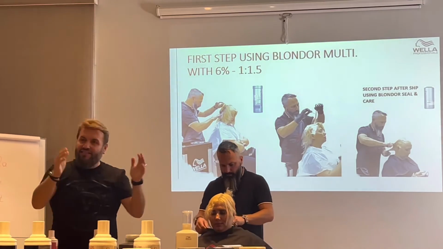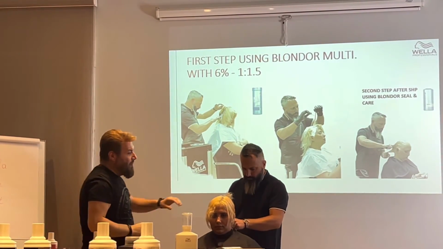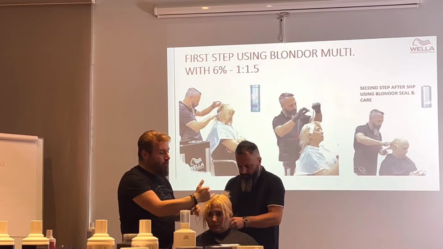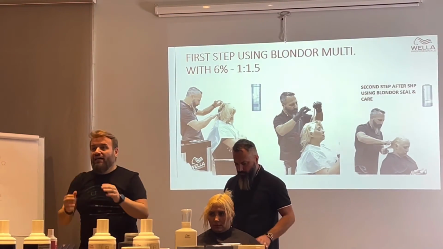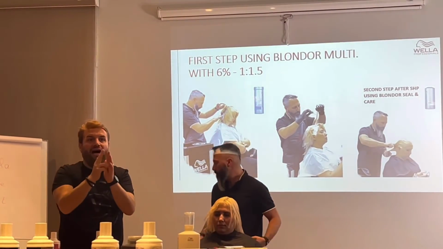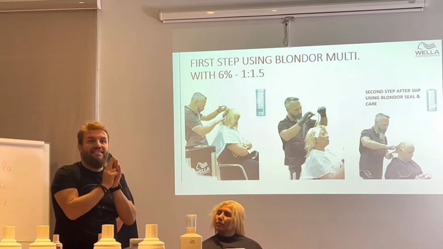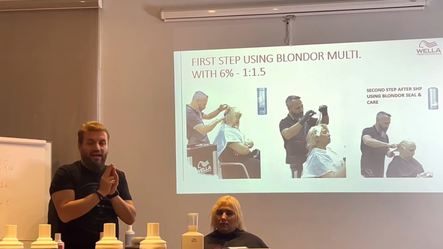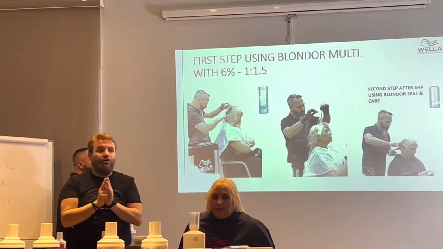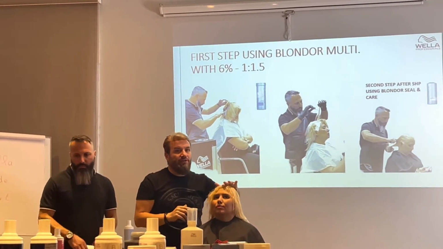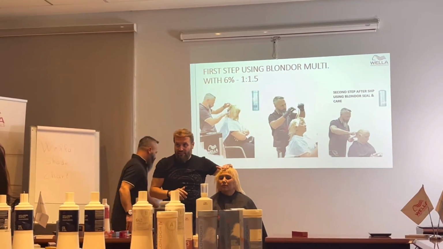6. 6, amazing. So, what I will use on the roots is the Illumina color 9/60 and 6/16. Okay? 9/60 and 6/16 to make it a little bit darker than the mid-lengths and ends.